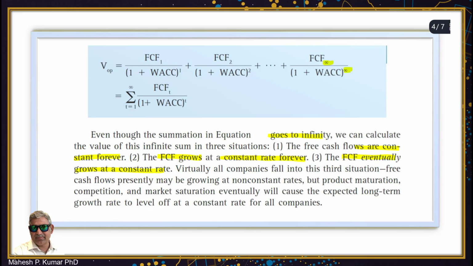But in this learning, we are not talking of any growth rates. So we are assuming that there is no growth rate, and we are just discounting the free cash flow to the firm, which are perpetual cash flows with no growth rate. So in this learning, we are doing this thing.